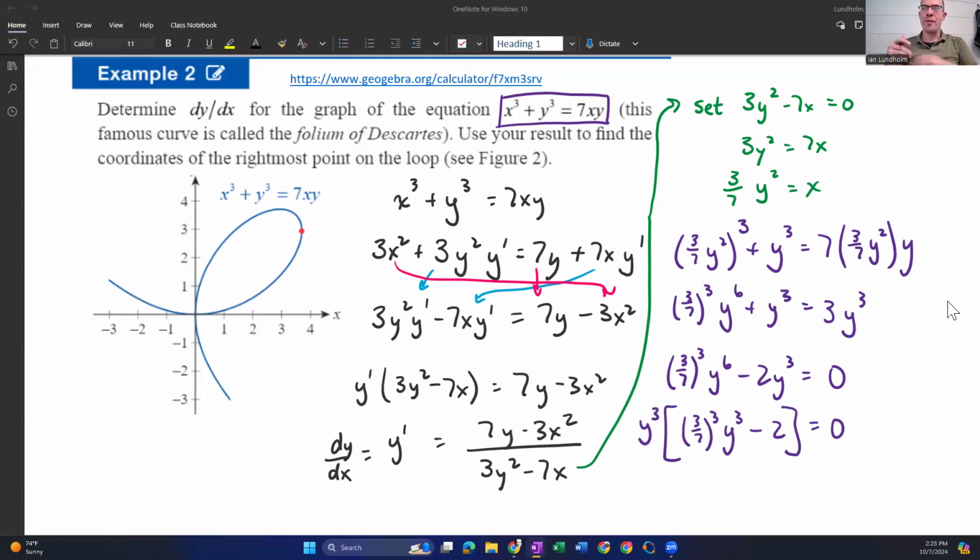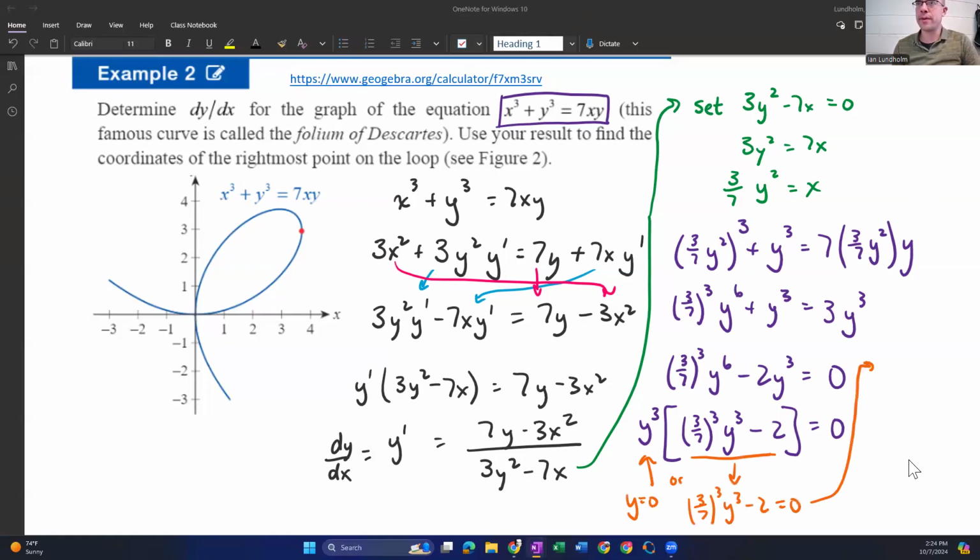And so now, by using the zero product property, either y equals 0 would be a solution to this entire equation, or all of this equals 0. 3/7 cubed y cubed minus 2 equals 0. And so we can solve for y here.